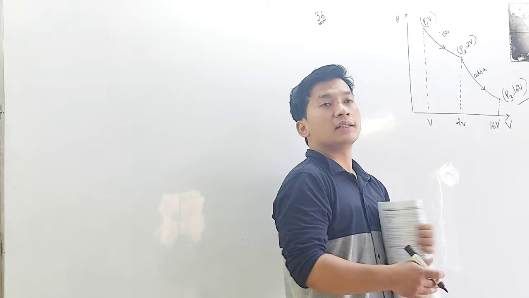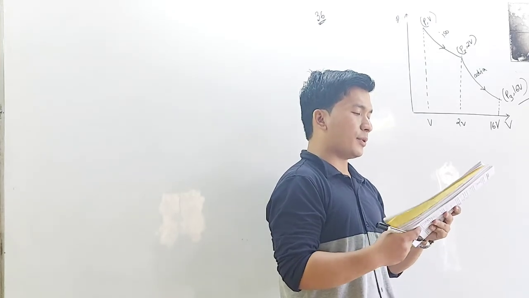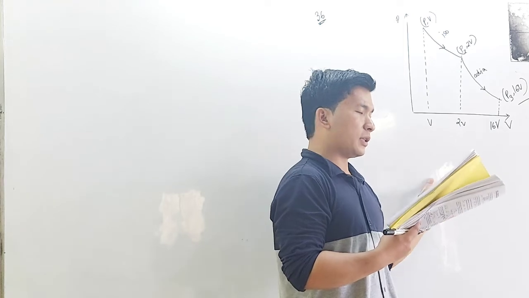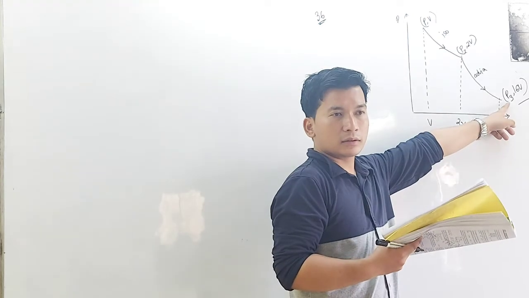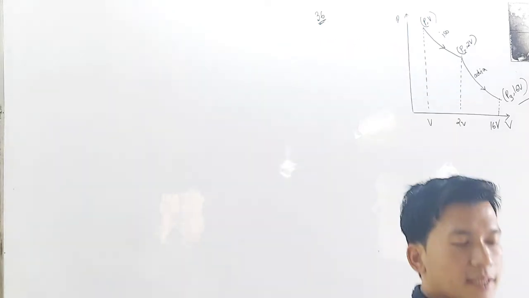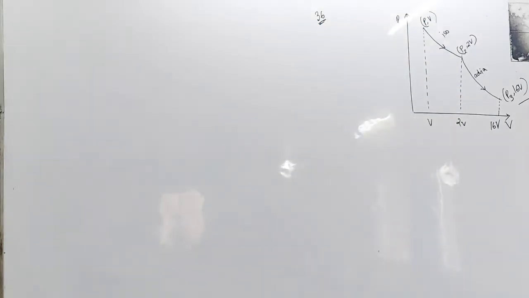We are being asked to find out P3. The monoatomic gas at pressure P is expanded isothermally to volume 2V.